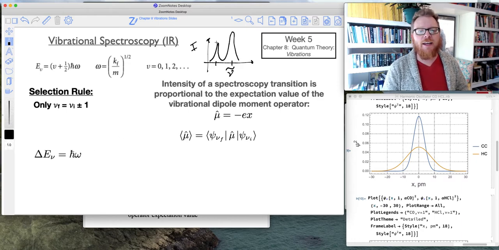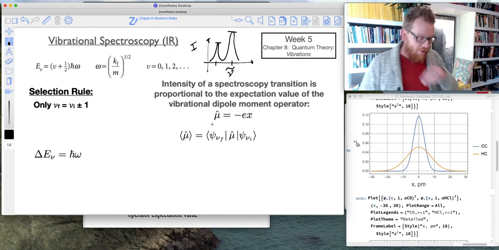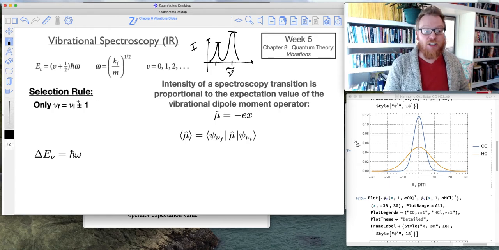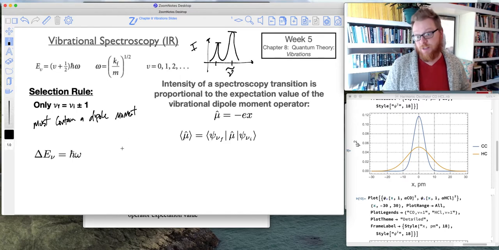The intensity, in other words the height of the peak, is proportional to the expectation value of the vibrational dipole moment operator. Remember, one of the important selection rules of vibrational spectroscopy is that a molecule must contain a dipole moment.